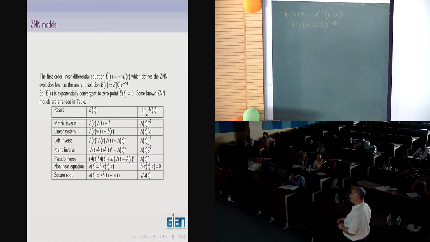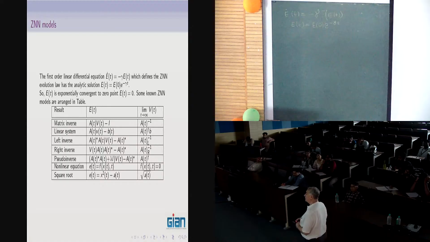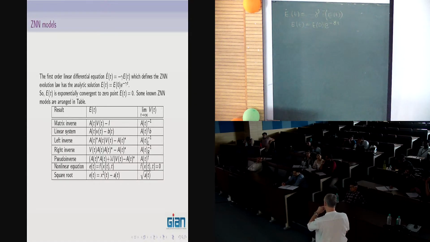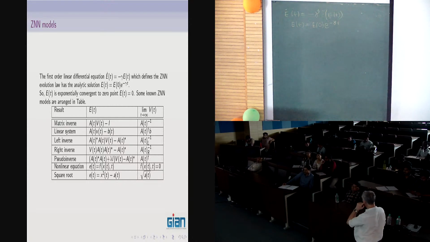Here is the state variables matrix. It is an approximation of our solution during time. Again, I will say, opposite to gradient neural networks, in which only V of t depends on time, here each input depends on time.